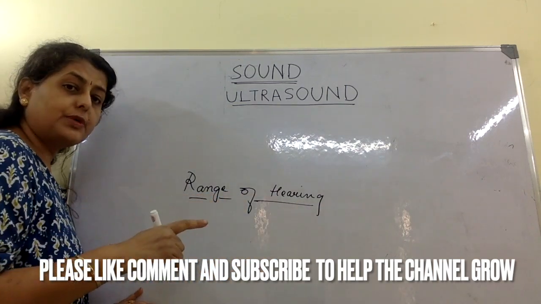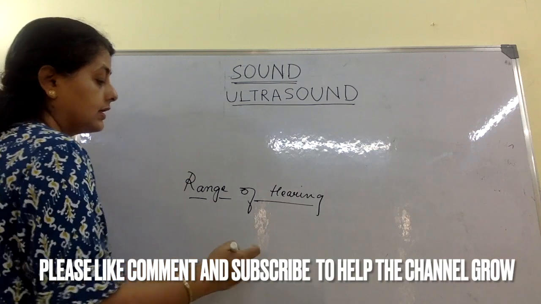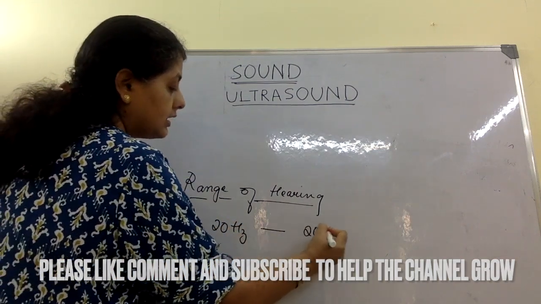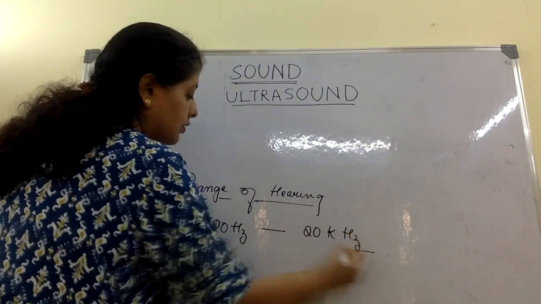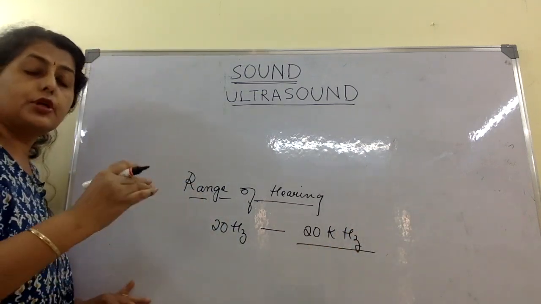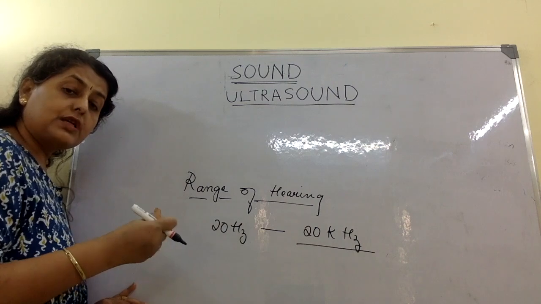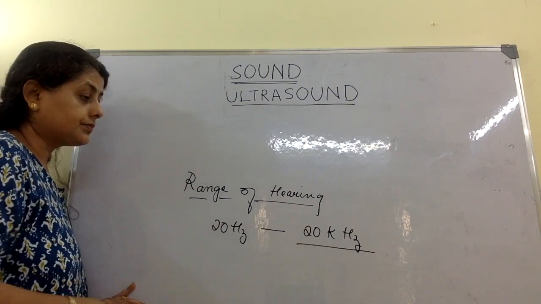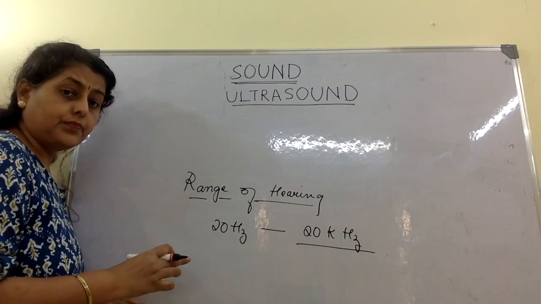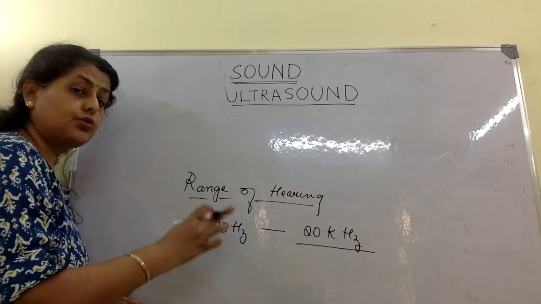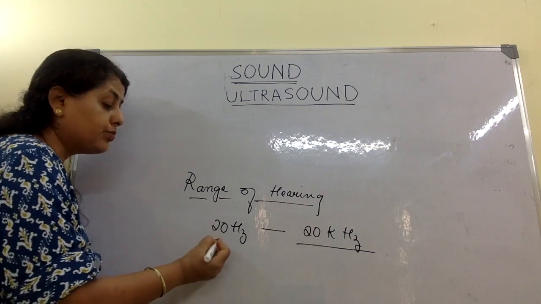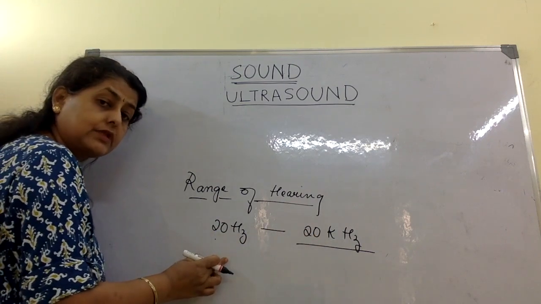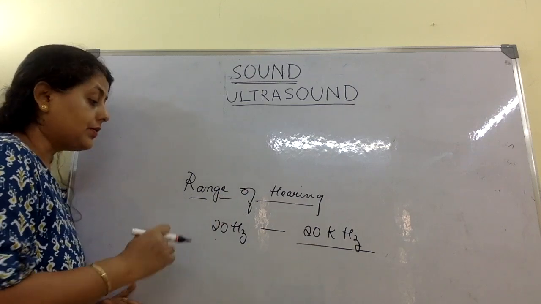The range of human hearing is 20 hertz to 20,000 hertz. We humans hear between this frequency range.